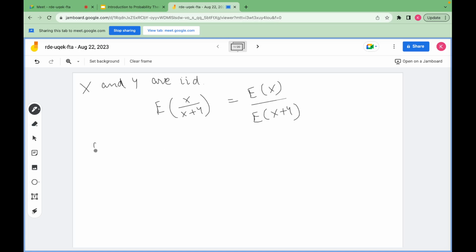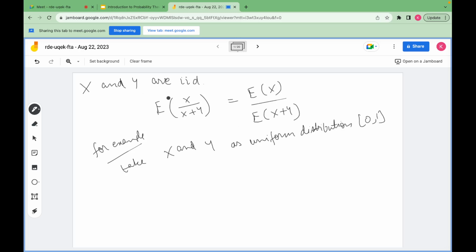So let's take X and Y as uniform distribution from 0 to 1.